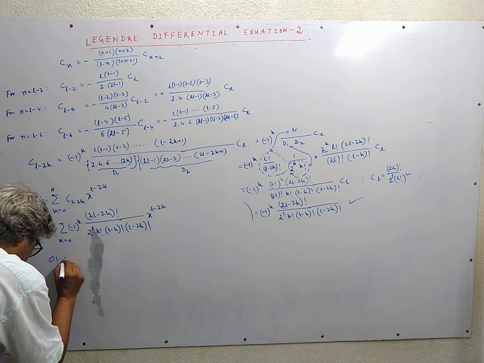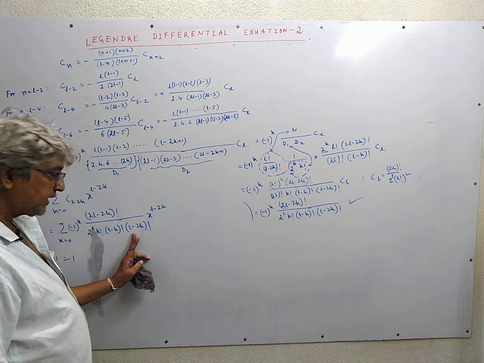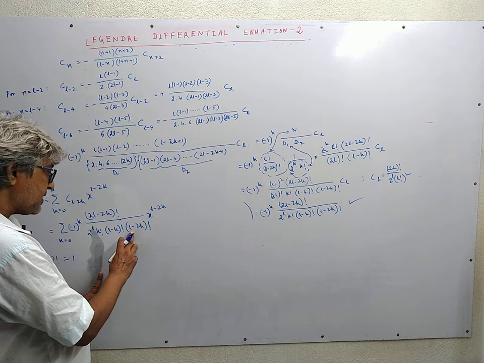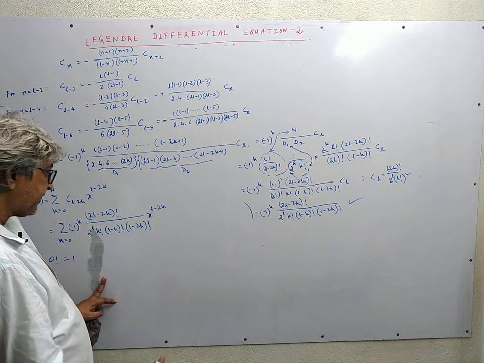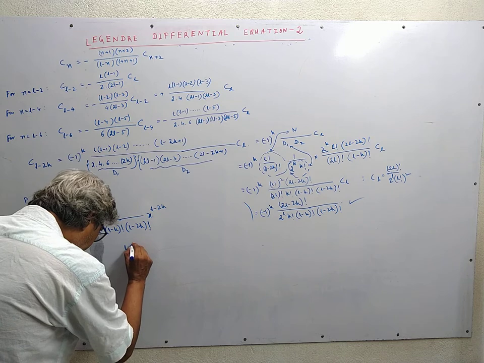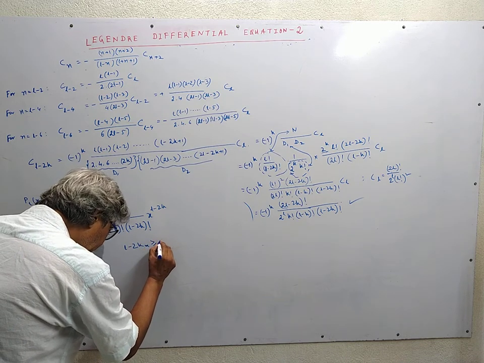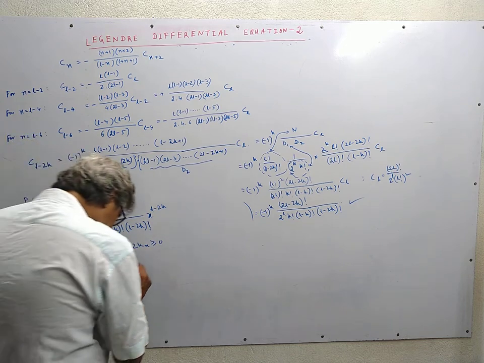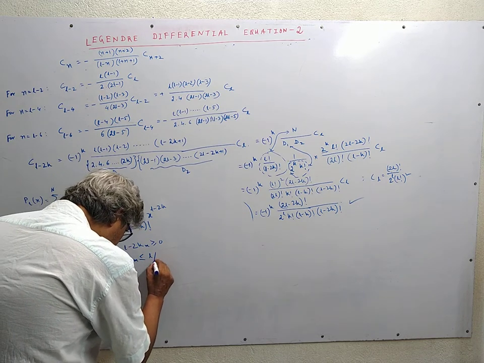Factorial of 0 is 1, and so if k increases beyond this value so that the quantity becomes negative, it will be cut off. So the k max value is such that L minus 2k is greater than or equal to 0, such that k max is less than or equal to L by 2.